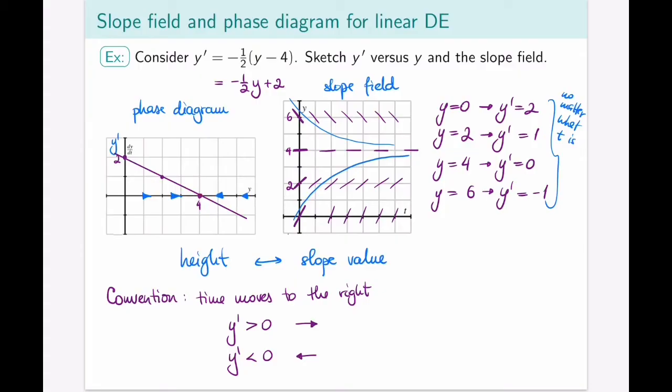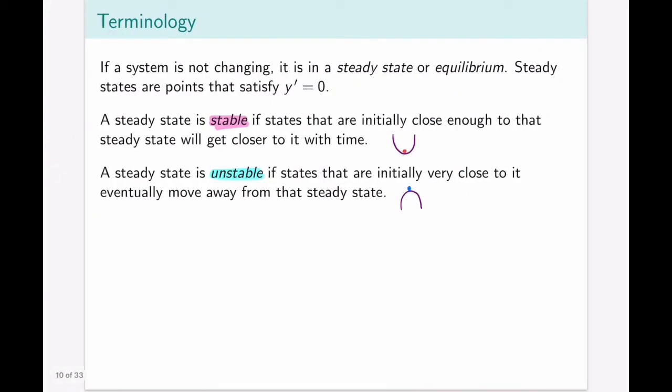So I would like another notation to be able to distinguish the equilibria on my phase diagram as stable and unstable. So here is what we're going to do. On the phase diagrams, we're going to introduce a very small notation. We will use a filled-in circle for stable steady state, or equilibrium.